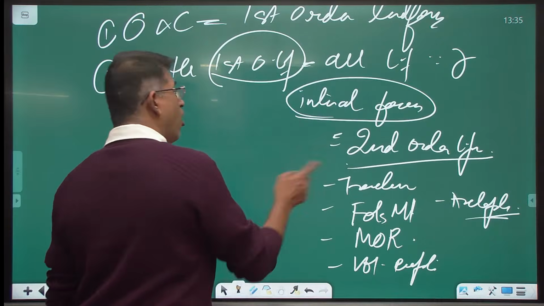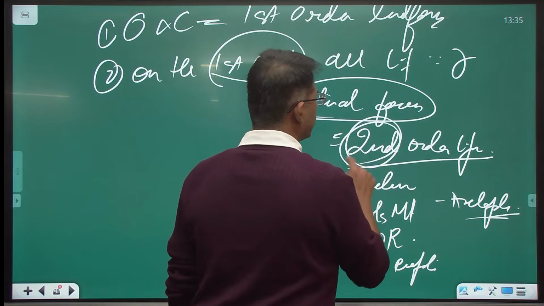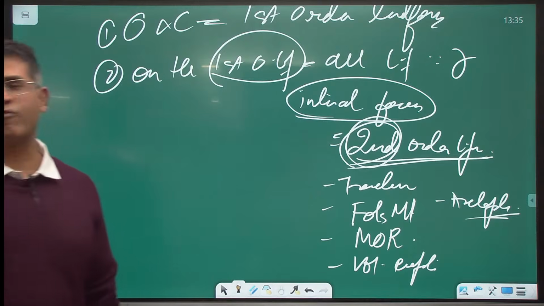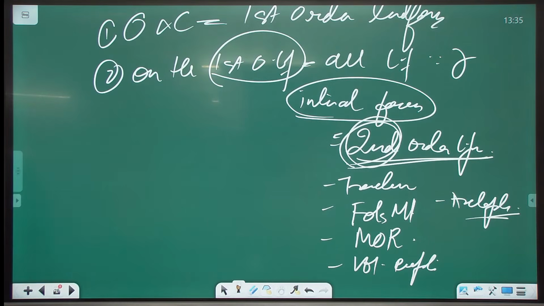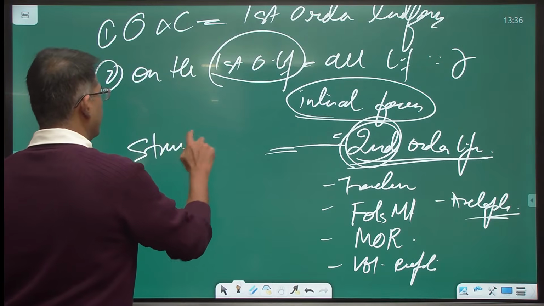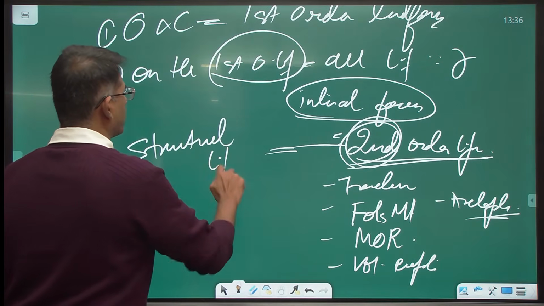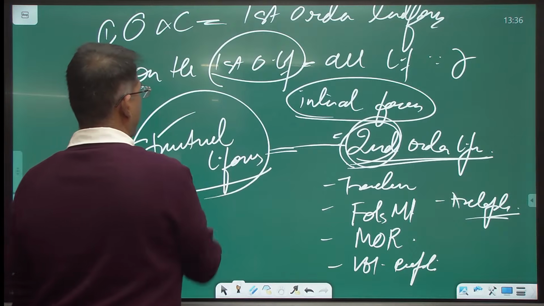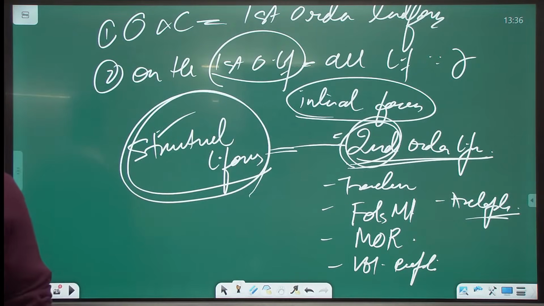Okay, all of them are examples of second order landforms. ऐसे landforms को हम structural landforms ही बोलते हैं, also called as structural landforms. So oceans are first order landform, and on the oceans we also have second order landforms.